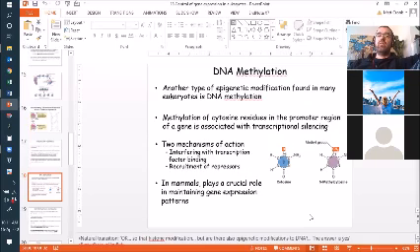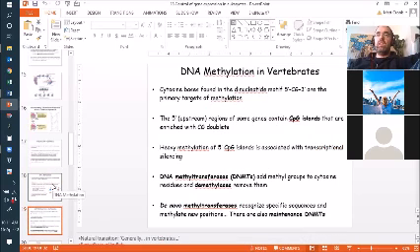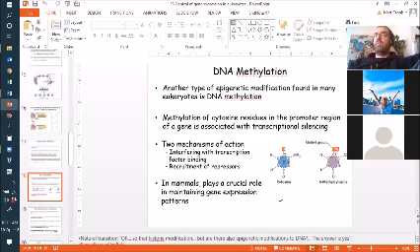And what DNA methylation is about is that these cytosines, and you have what are called CpG islands, which are CG dinucleotides. So wherever you have a CG in a stretch of DNA, and you tend to find a lot more of those in promoters than you do in coding regions for whatever reason.